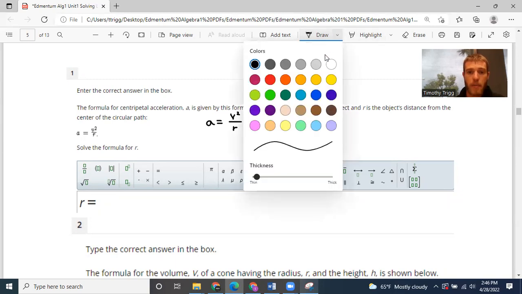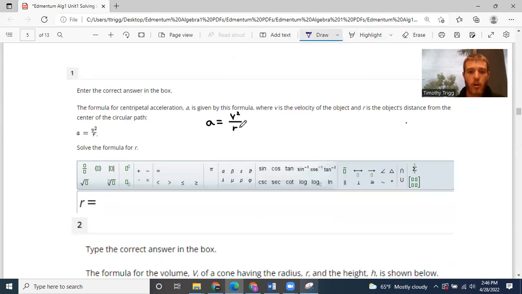Now, my goal is to get R by itself, but notice R is in the denominator. Whenever I have a fraction that I want to cancel, I'm going to use multiplication. You always multiply by the denominator if you want to cancel a fraction. So I'm going to multiply by R, canceling it. But that means on the left side I'm going to multiply by R as well.